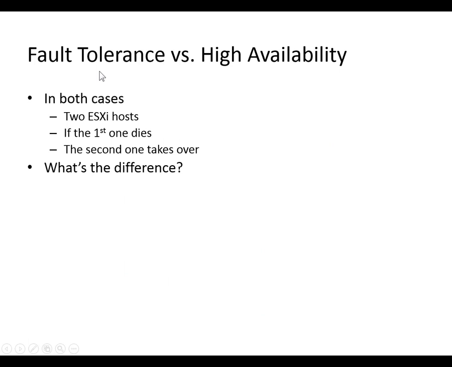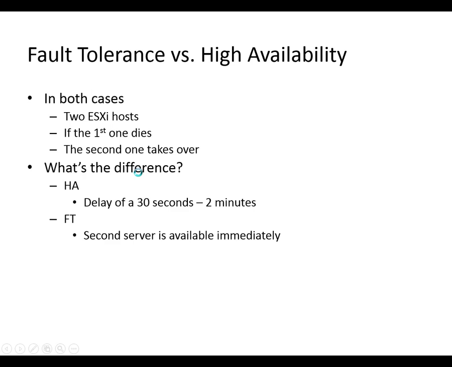Now let's compare fault tolerance to high availability. In both cases, we have two ESXi hosts, and if one dies, the second one takes over. What's the difference? In high availability, there is a delay of 30 seconds to 2 minutes, however long it takes for that virtual machine to boot. But with fault tolerance, the second virtual machine is available immediately.